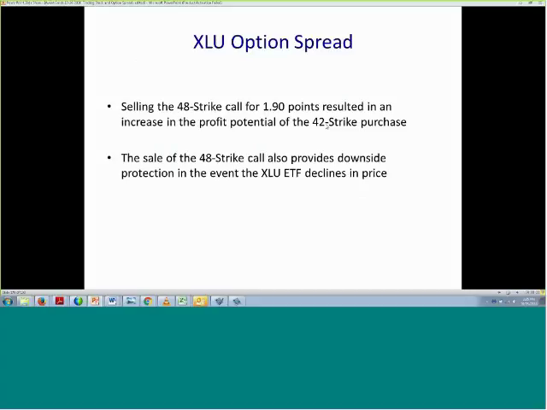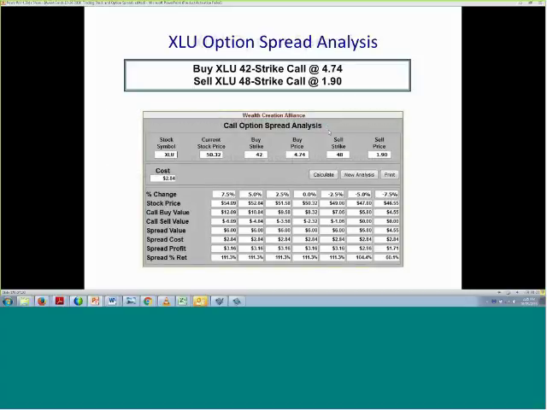And the sale of the 48 strike call also provided downside protection if XLU declines in price. And we have a call option spread calculator for debit spreads. And again, you saw from the brokerage statements, we bought the 42 strike call at $4.74, sold the 48 strike call at $190. At the time, XLU was trading at $50.32.